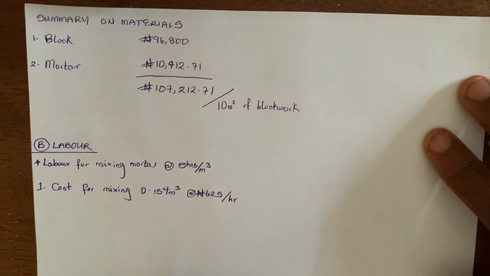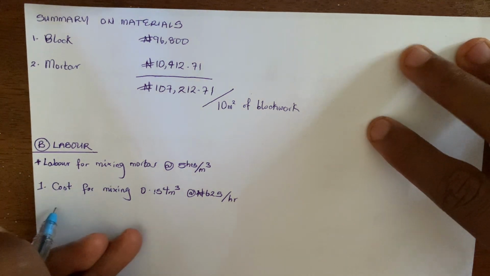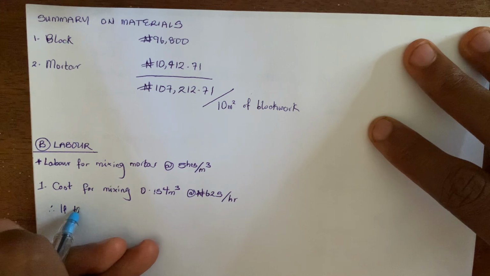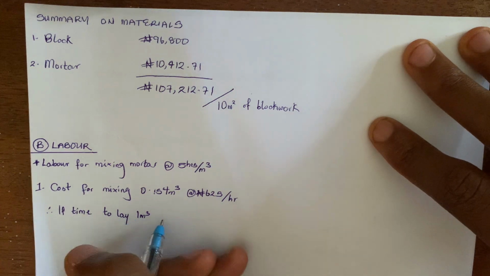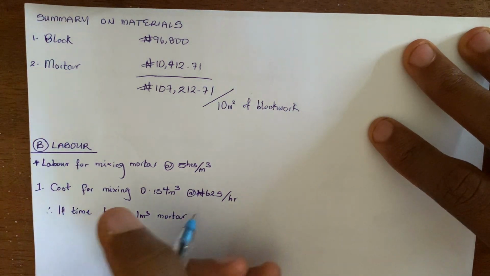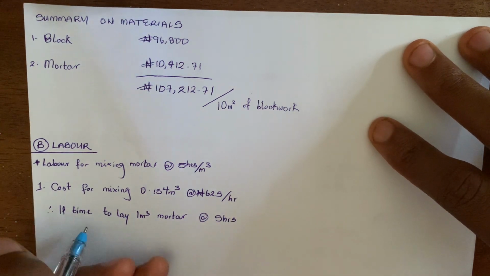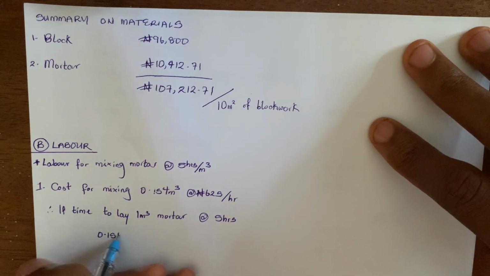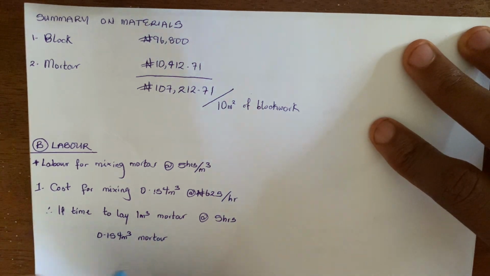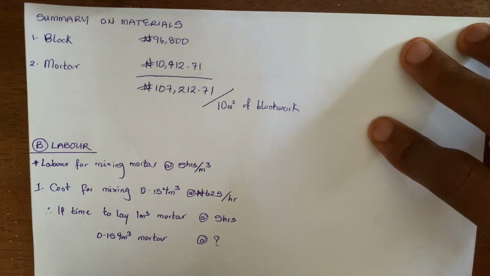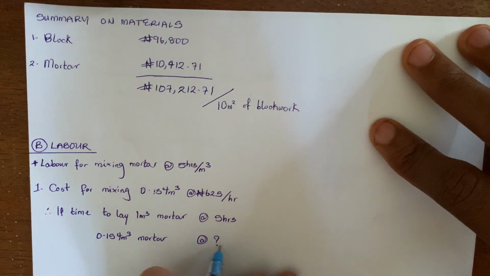So we can now say that if 1 meter cube of mortar takes 5 hours, then 0.154 meter cube of mortar will now be equals to X. So when you cross multiply, it will now be 5 hours multiplied by 0.154.